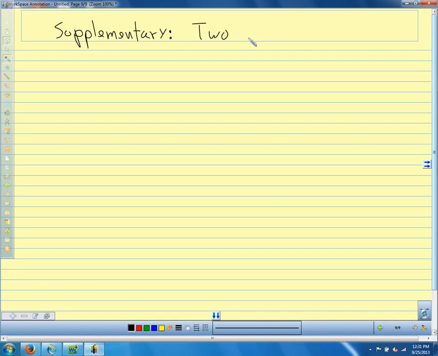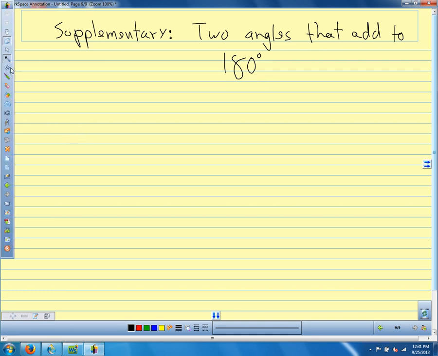Two angles that add to 180. So when we put them together, we get what kind of thing? A straight line. Yes, nice.